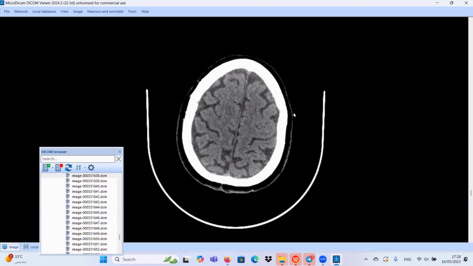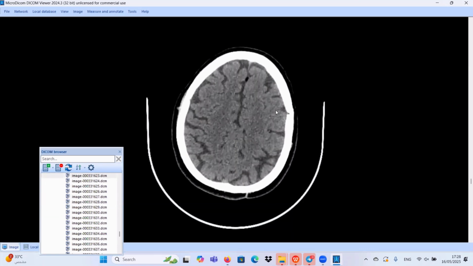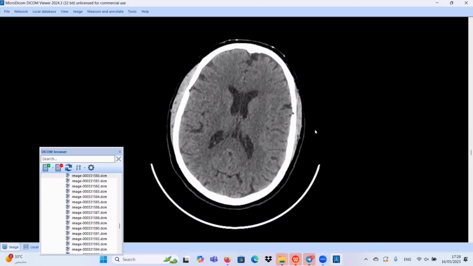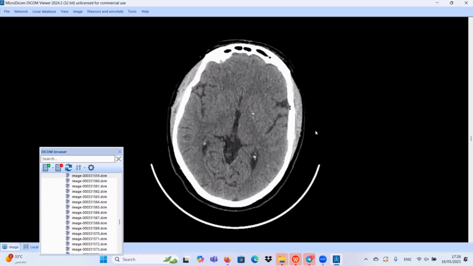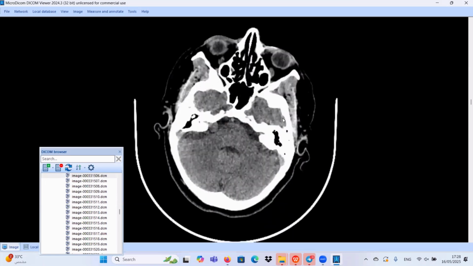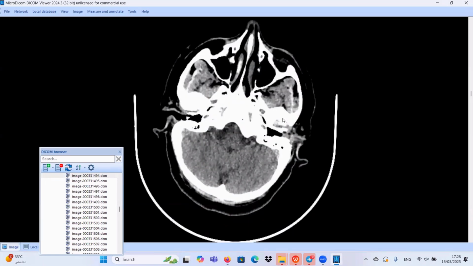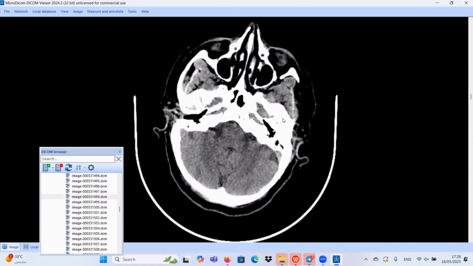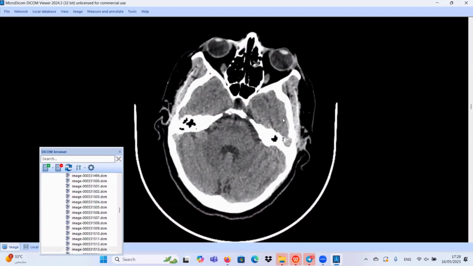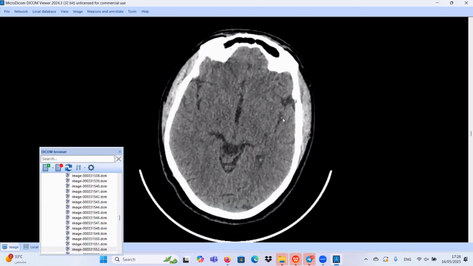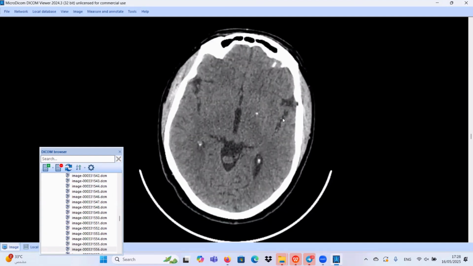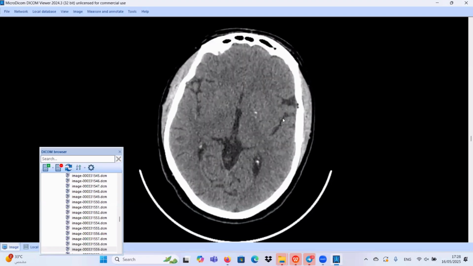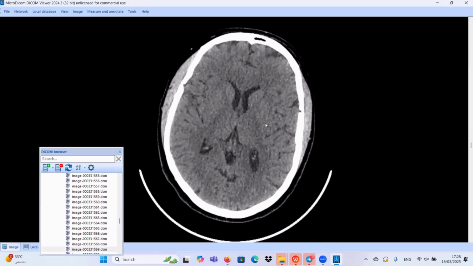You can scroll. I'm trying, but it's not working. Sir, axial slices CT scan of an adult having attacks of vertigo. Sir, can you scroll for me because it is not happening?